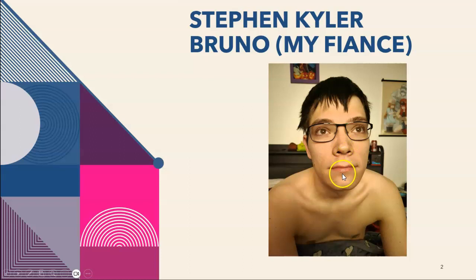Your labiomental sulcus is going to be right underneath your bottom lip. Your angulus oris eminence is going to be right over the top of your top lip.